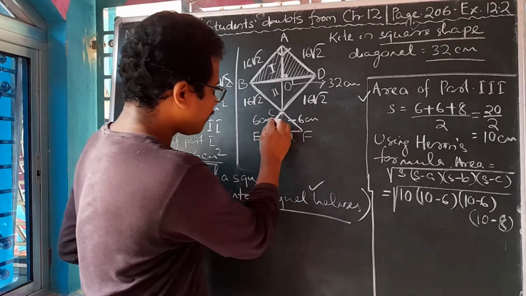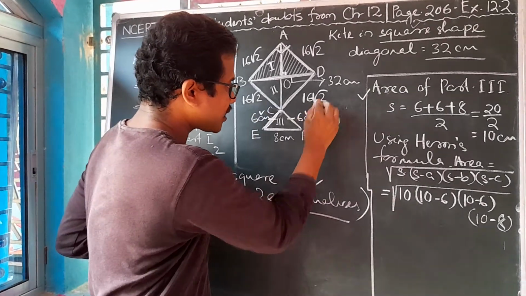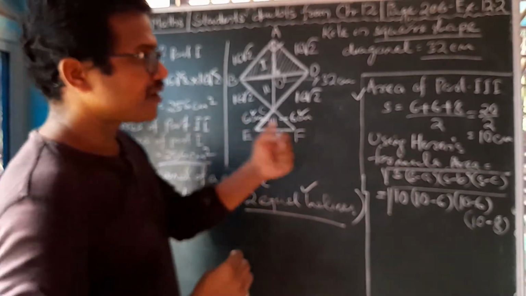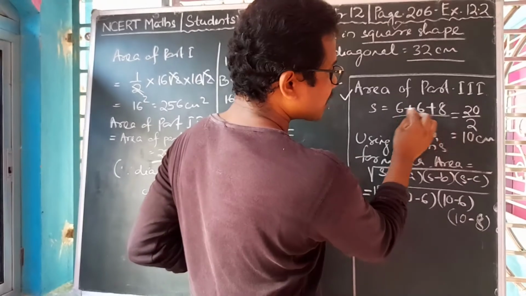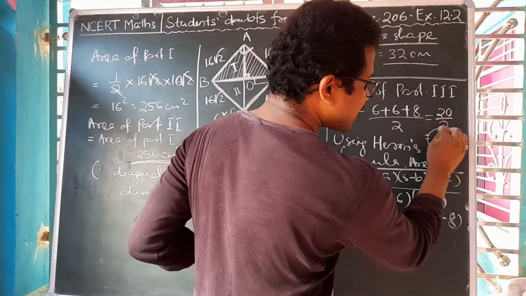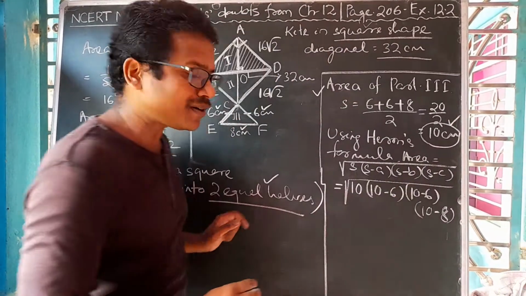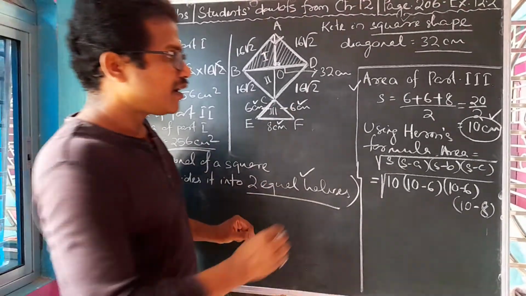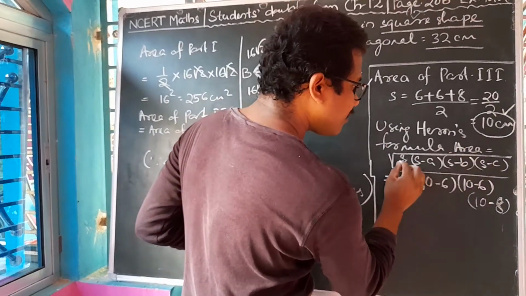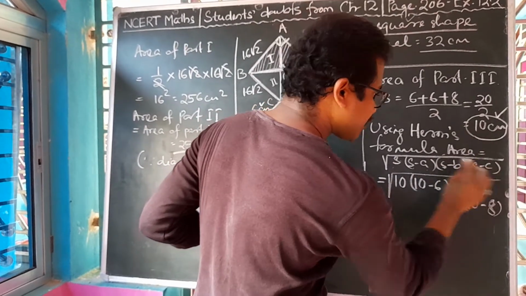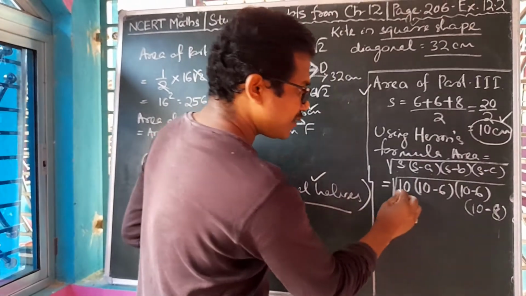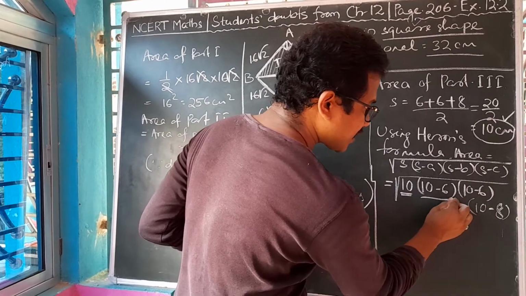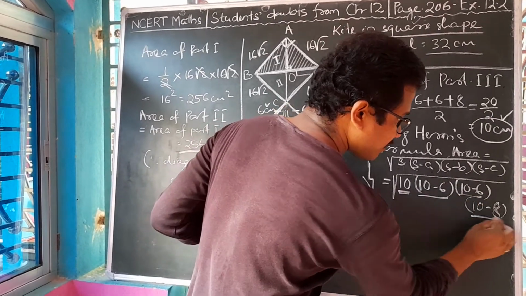And you see, one side is given 6 cm, this is also 6 cm, this is given 8 cm. So what is the semi-perimeter? 6 plus 6 plus 8 by 2, that is 10 cm. 10 cm is the semi-perimeter. I hope you understand. Now, using Heron's formula, the area will be the square root of S into S minus A, S minus B, into S minus C. That means S is 10, 10 minus 6, 10 minus 6 and 10 minus 8.